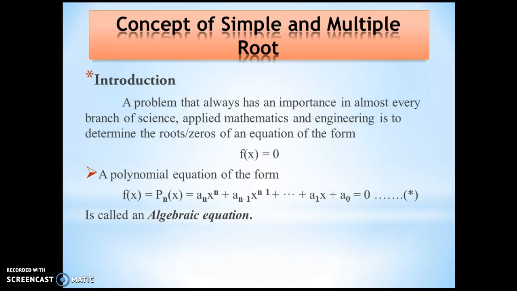Algebraic equation means an equation of the form Pn(x) = an x^n + a(n-1) x^(n-1) and so on. Here, the coefficients are real numbers and the variable appears only as powers of x. These kinds of equations are called algebraic equations.